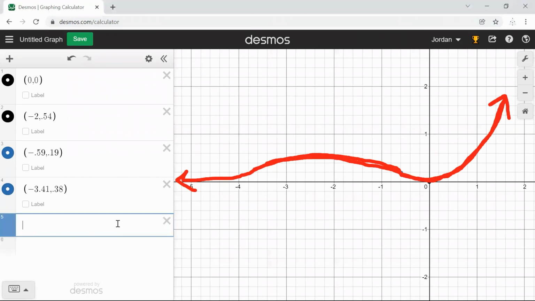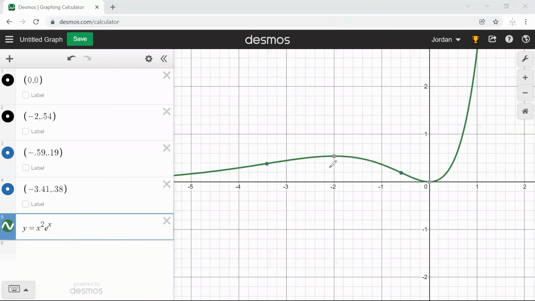Let's see if y equals x squared multiplied times e to the x looks similar. Yeah, I didn't draw it as well as I should have, but you can see what's going on. Let's eliminate my drawing here. You can see how that works.